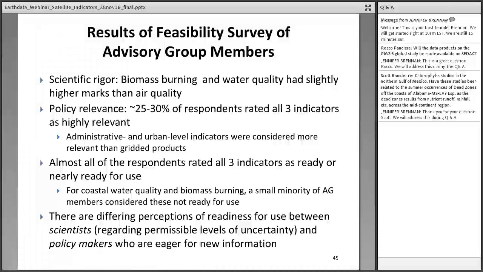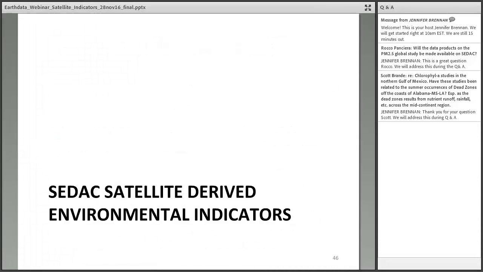So their interpretation of what an indicator represents is really more influenced by the scientific method and trying to understand cause and effect, and less by the need to describe the situation in general terms so that policymakers could make decisions. So there were different interpretations of what indicators mean across the two communities.